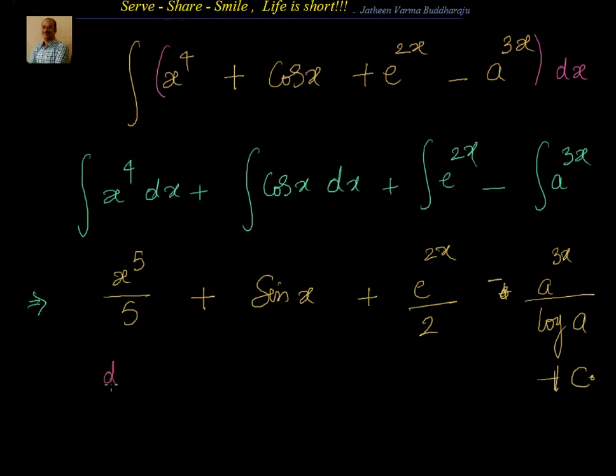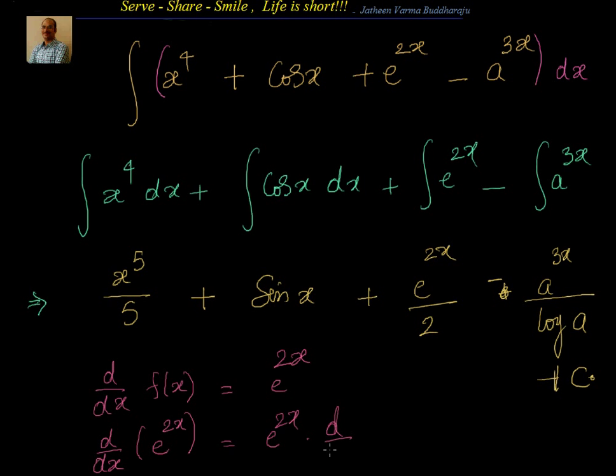Let us say I need a function f of x such that d by dx of f of x is equal to e power 2x. Now suppose I take e power 2x here, the derivative will be e power 2x into the derivative of 2x, that's equal to 2 into e power 2x.